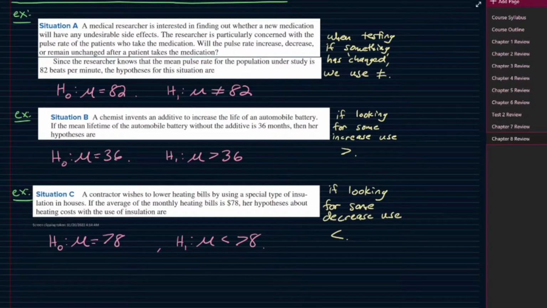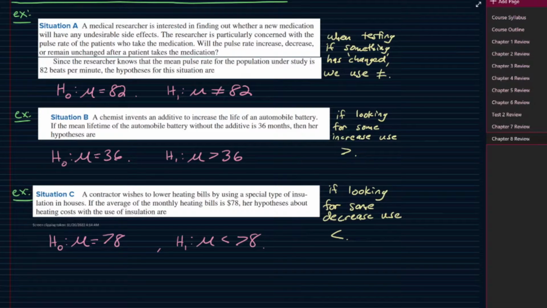Sometimes they're introducing some drug and they have no idea what's going to happen. Maybe it'll increase this parameter or decrease this parameter. They have no idea what's going to happen. Other times they have some inclination about what might happen. And when they don't have any idea about what's going to happen, that's when we use the not equal sign.